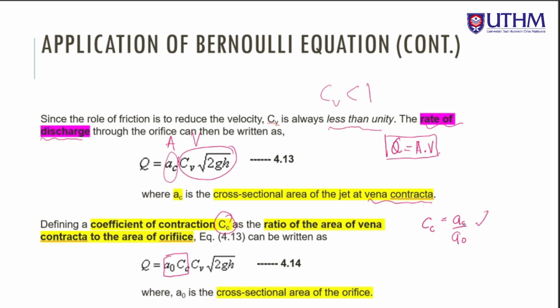Kita boleh write kita ganti this cross sectional area at vena contracta dengan CCAO kan, CCAO kita ganti ini dengan ini, sama je basically, kita just replace lah, where AO is the cross sectional area of the orifice.